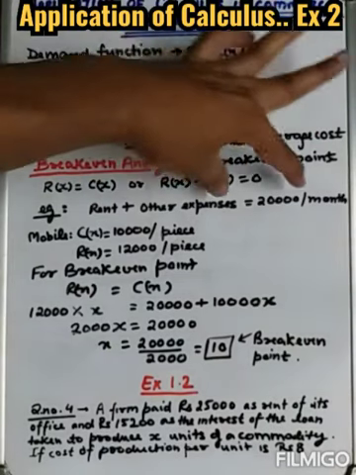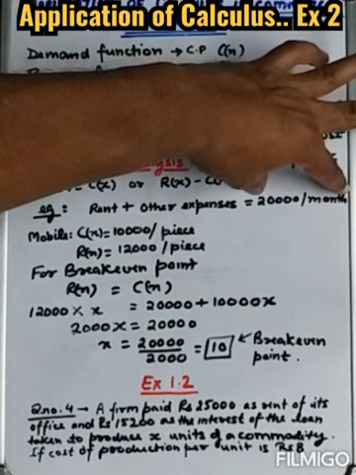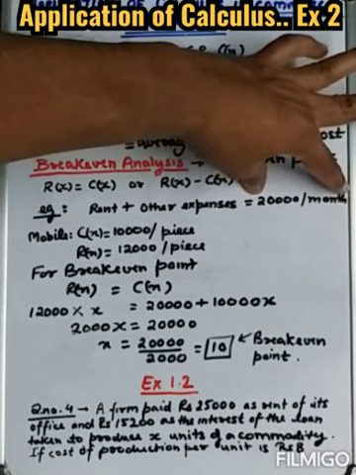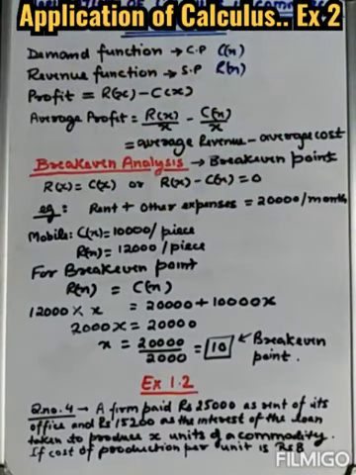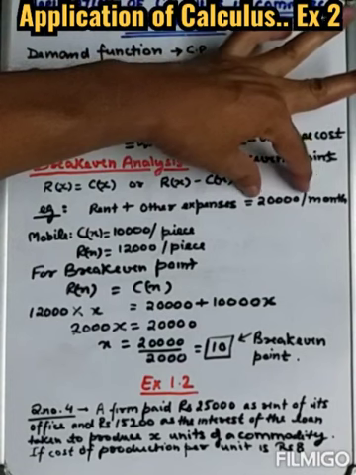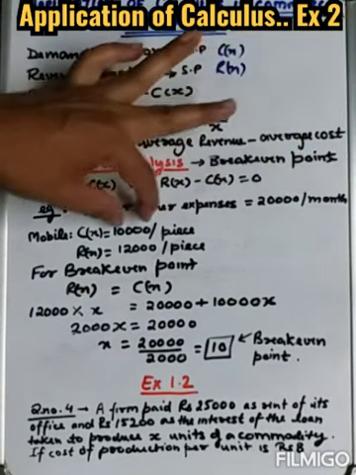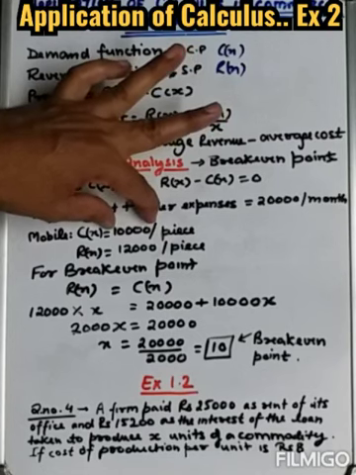Means whatever basic expenses we are bearing, plus the price we are going to spend on purchasing the mobiles, so that we do not bear a loss. What will be the number of mobiles that we have to sell so that we are able to generate this amount and the basic cost price of the mobiles?